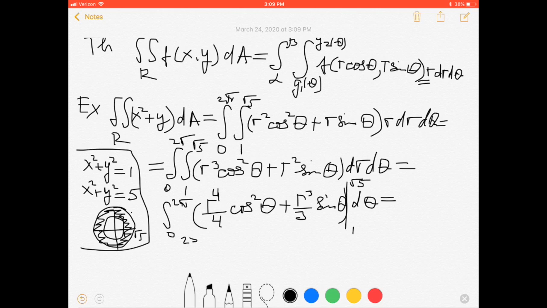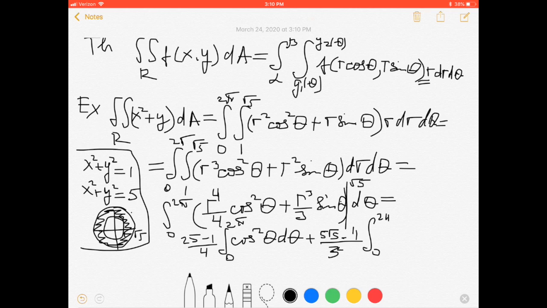This means 25 minus 1 over 4 times the integral of cosine squared theta d theta from 0 to 2 pi, plus 5 square root of 5 minus 1 over 3 times the integral from 0 to 2 pi of sine theta d theta.